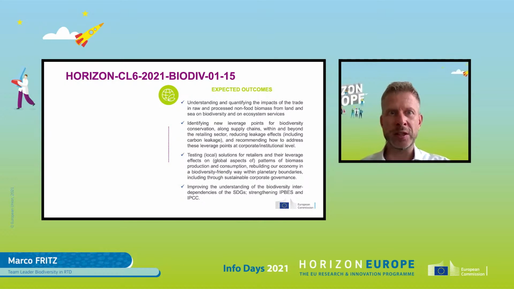We also want to see that it identifies new leverage points for biodiversity conservation along supply chains, within and beyond the retailing sector, reducing leakage effects, including carbon leakage, and recommend how to address these leverage points at corporate or institutional level.